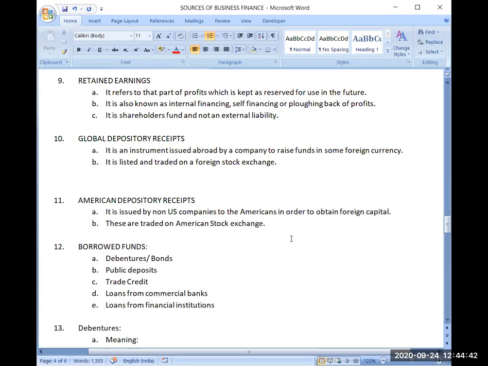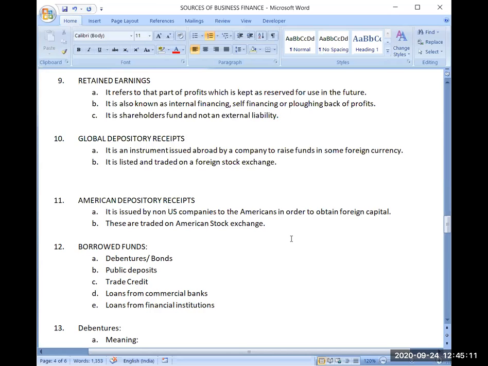And because it is issued for Americans, obviously Americans will be able to purchase and sell shares in some of the American stock exchanges. Like one index is Nasdaq and one index is Dow Jones. Two famous indexes are there for American stock exchanges.